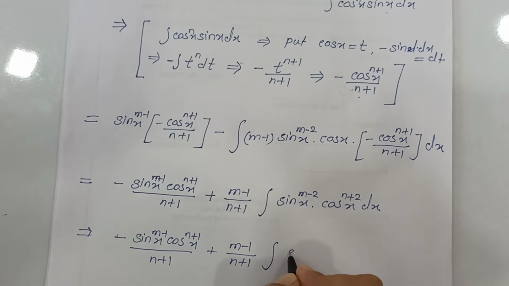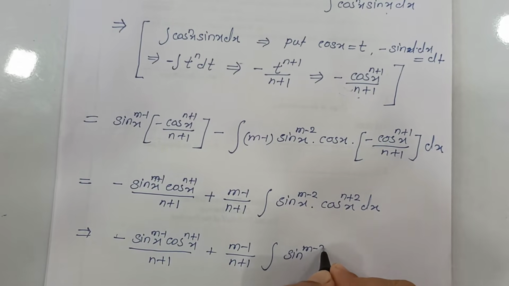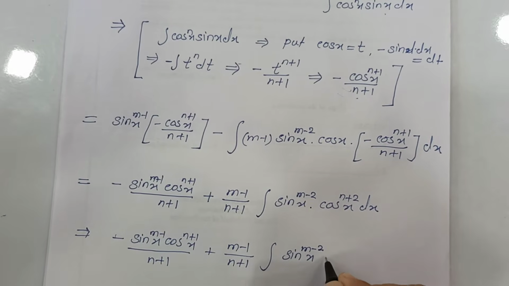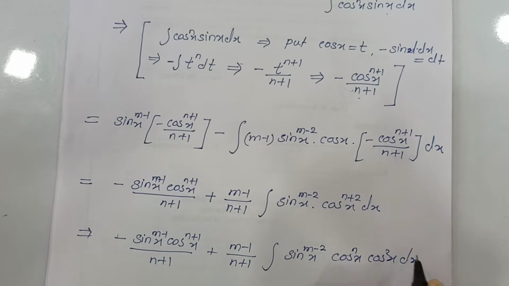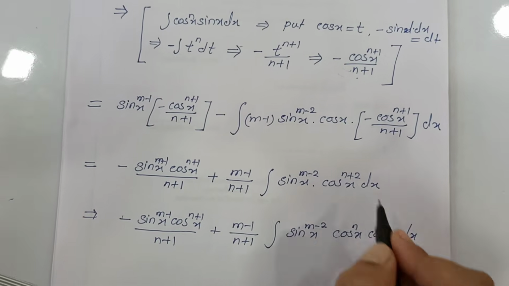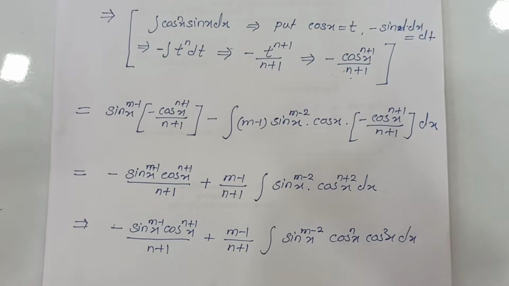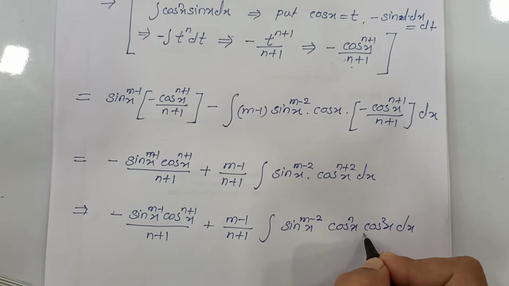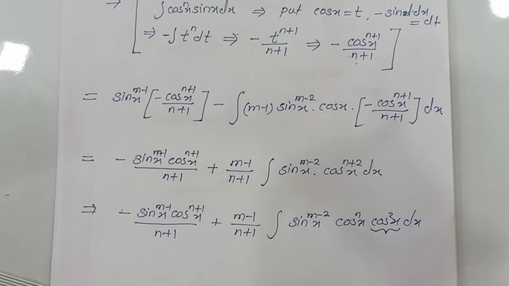Now I will break this cos raised to n plus 2 as cos raised to n into cos square x dx. So you just break cos raised to n plus 2 as cos raised to n and cos square. Then in the next step you replace this cos square by 1 minus sin square x.